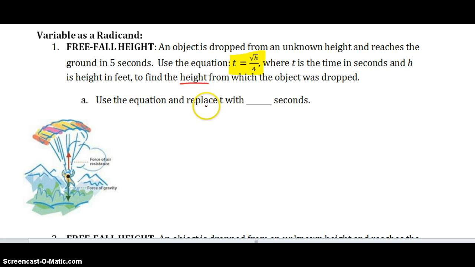So in this equation, we're going to replace the t with 5 seconds. So 5 equals the square root of h over 4. We are solving for h. Now we have to go back and use our knowledge about fractions. If you don't like a fraction, you can undo fractions. To get the square root of h by itself, I need to undo that it's being divided by 4, and the opposite of dividing by 4 is to multiply by 4.